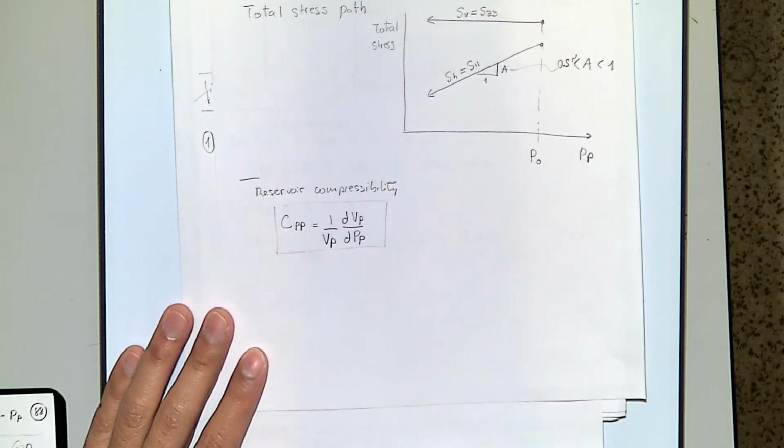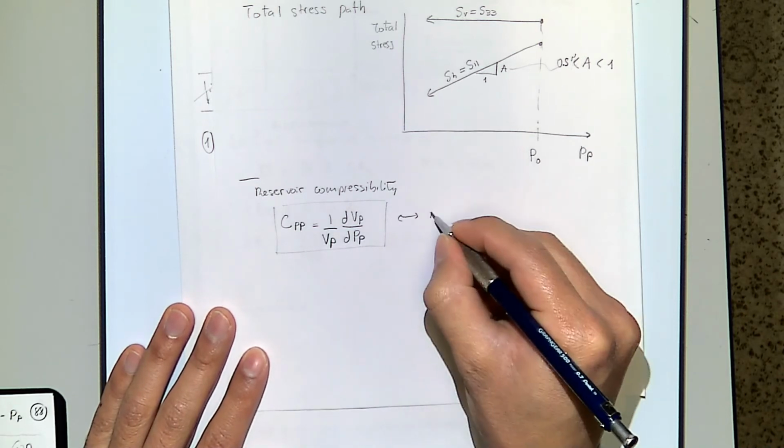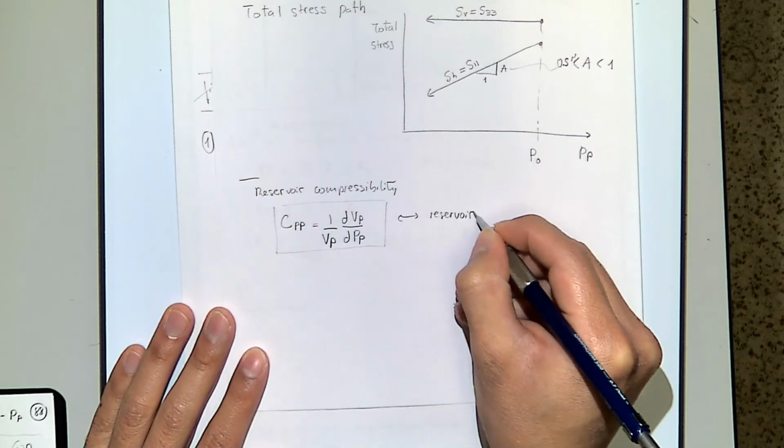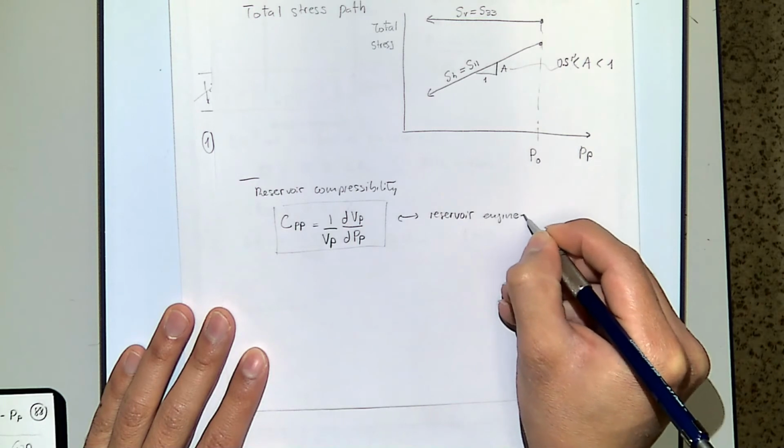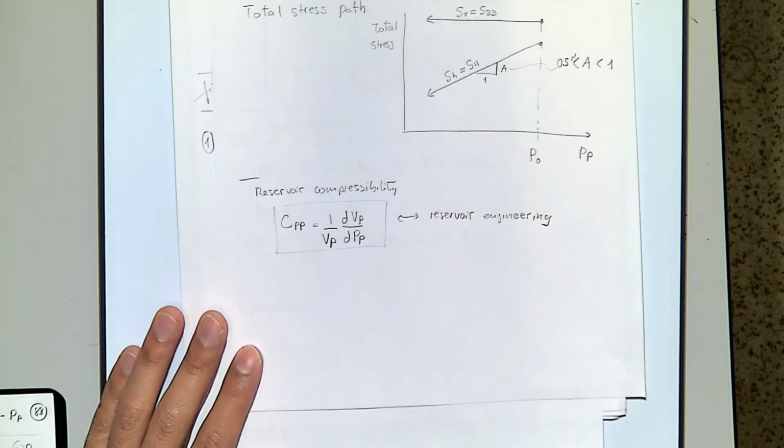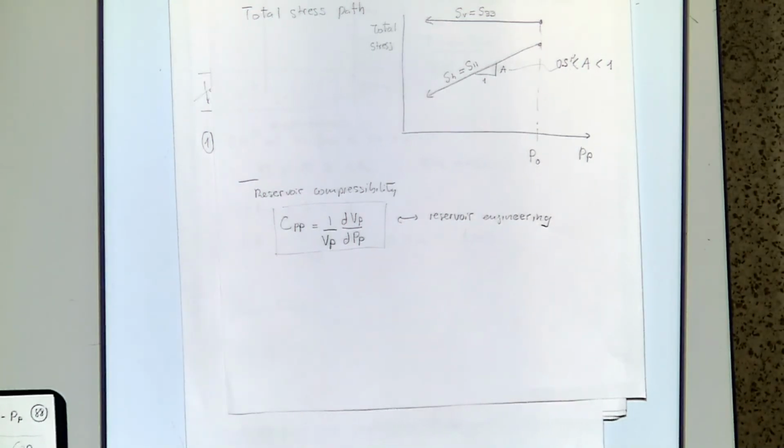This is a parameter that you use in reservoir engineering in order to quantify this compaction drive. So if there is a lot of compaction drive, you're going to recover much more hydrocarbons because of the compaction of the rock as you lower the pore pressure.